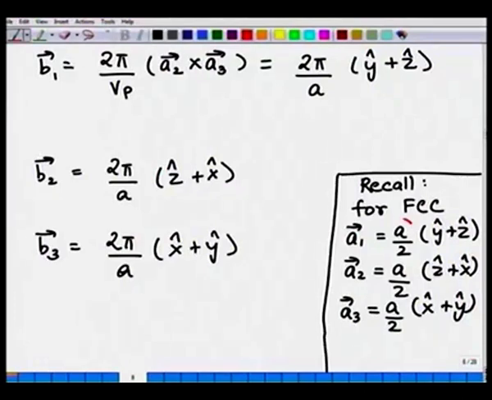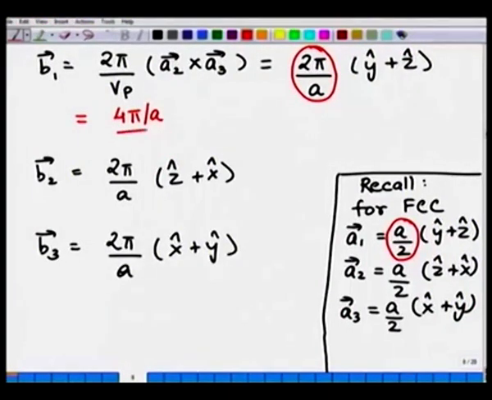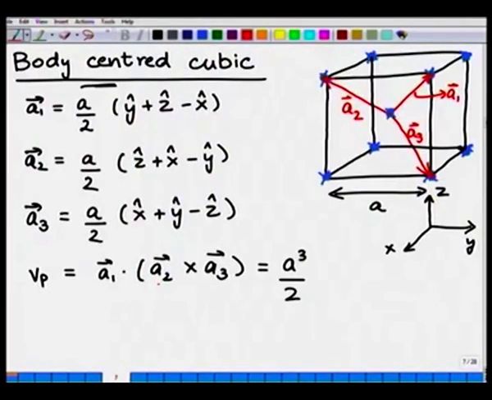Now, compare B1, B2, B3, do not they look the same, except that remember here I have A by 2 in front and here I have 2 pi by A. So, if I write this quantity as something as 4 pi by A divided by 2 (y plus z), then clearly for a body centered cubic, when we look at the reciprocal vectors, they have the form of face centered cubic.